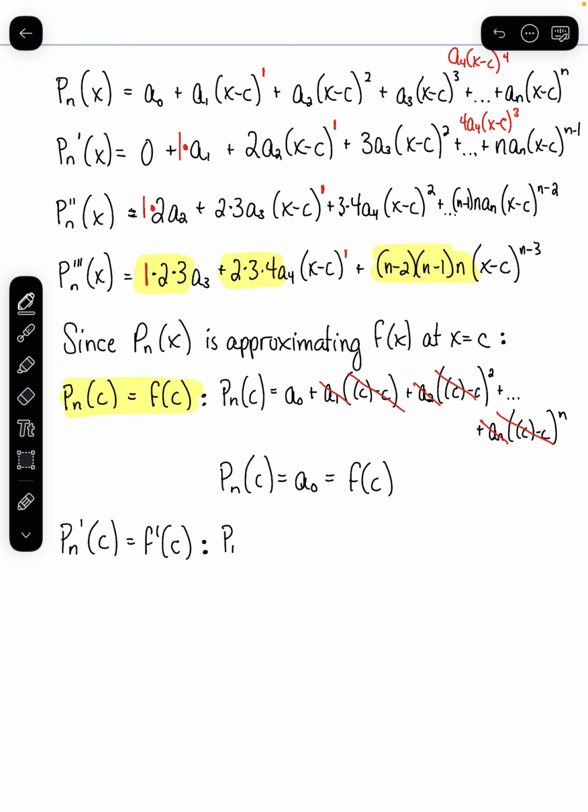Well, we know that p sub n prime, we have that up here.